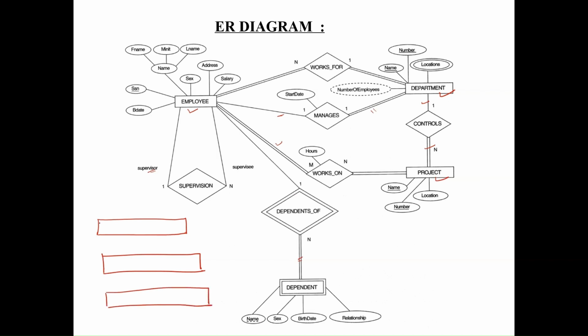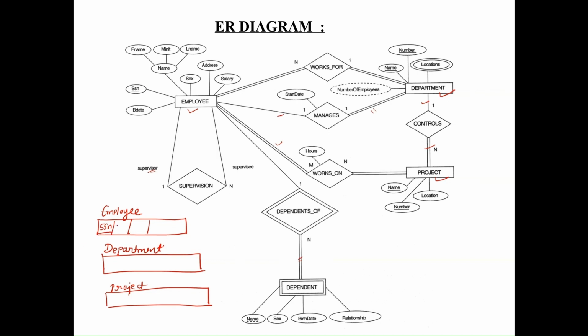So how many are there? First is employee, then second is department, and third is project. Now write all the attributes which we have shown in the ER diagram. So social security number, name, gender, address, this composite attribute, everything you have to write. Social security number, SSN, is the primary key, so underline it.